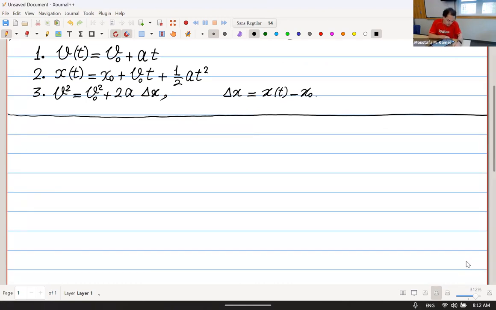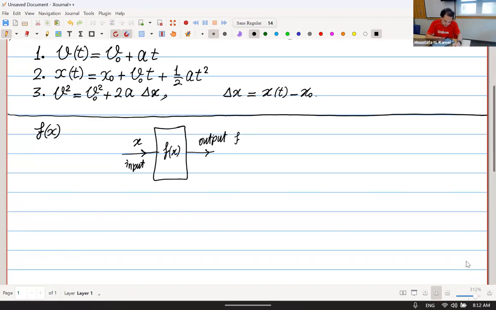Remember when you have a function f of x, you can imagine schematically the function as follows. It takes an input, x, and then it spits out a result or an output, f, and this is the function f of x.